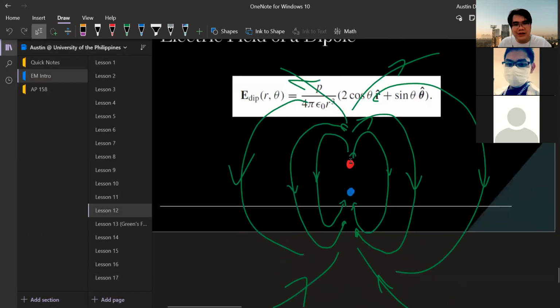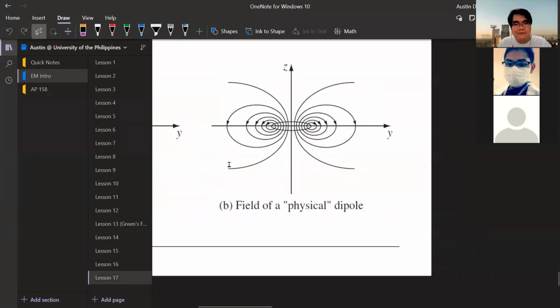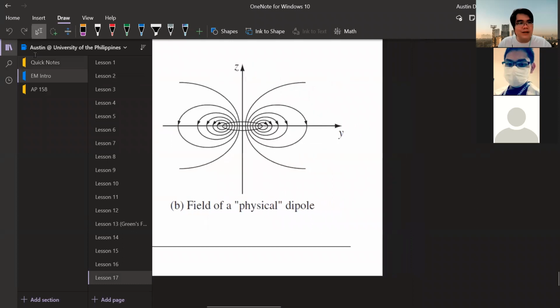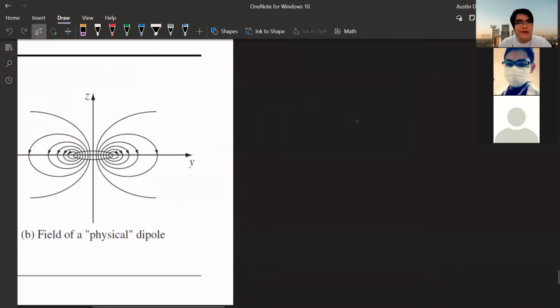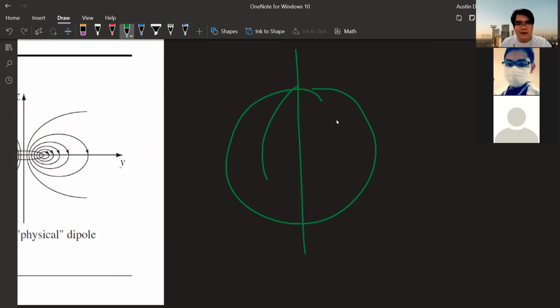Ganito yung positioning ng dalawang charges. Nasa z-axis sila parehas. Tapos dito, nasa xy plane na yung loop mo, yung current loop mo. So amazingly, if we imagine the Earth, gawin lang natin ito para mukha siyang globe.